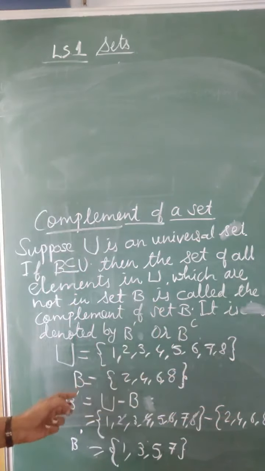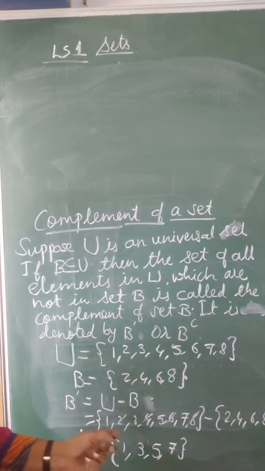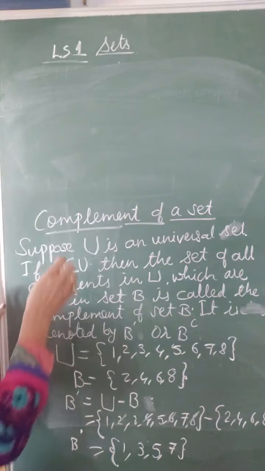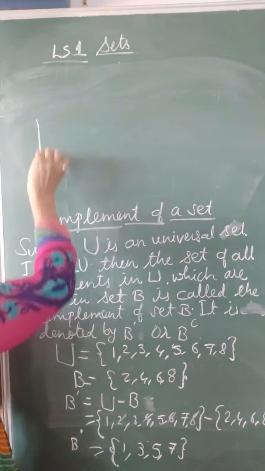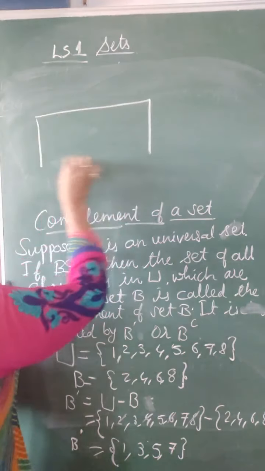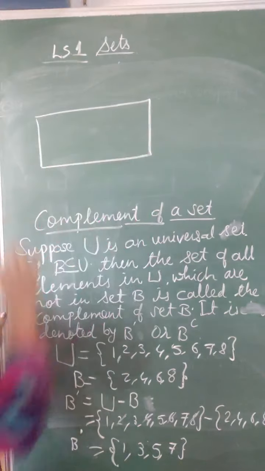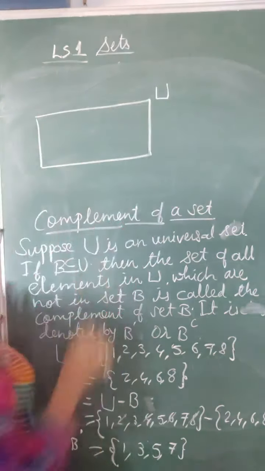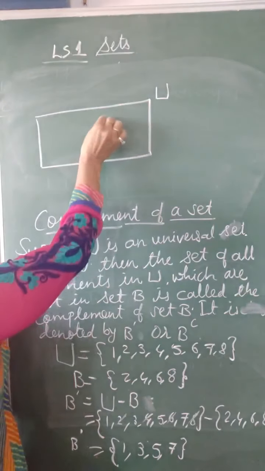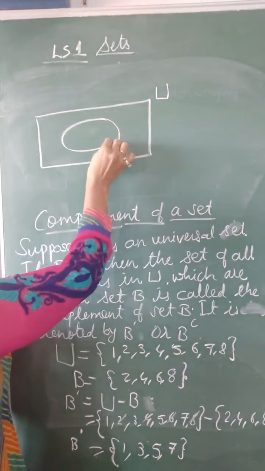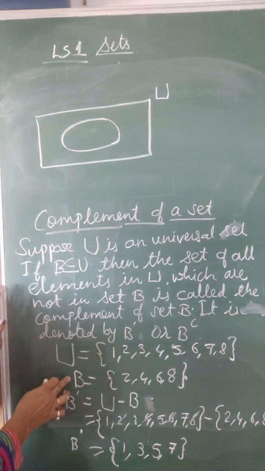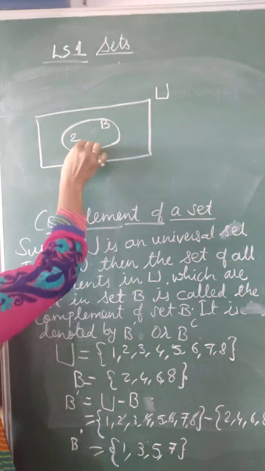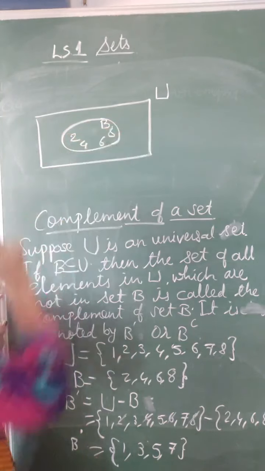Now how to represent this by the Venn diagram? Let me show here. As you know, this rectangle shape means universal. Now B, what are the elements of B? Here write 2, 4, 6, 8.